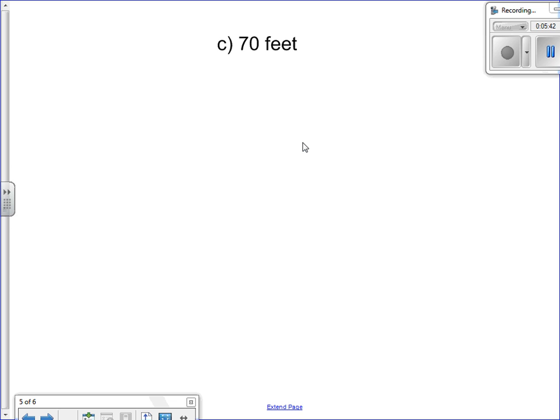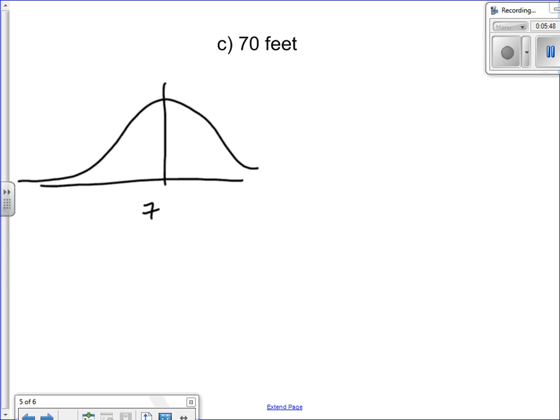Let's try a couple more here. So here we go, 70 feet. Our mean is 75. One standard deviation below is 65. So we're looking for basically the value right in the middle of those two. Many of you are pretty good at math, so you've probably already anticipated what the z-score would be if we're right in the middle of one full standard deviation away.